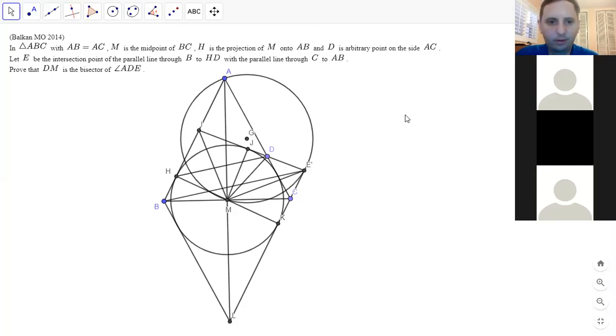So, yeah, because nothing in that proof looks like it should be able to be done without similar triangles.